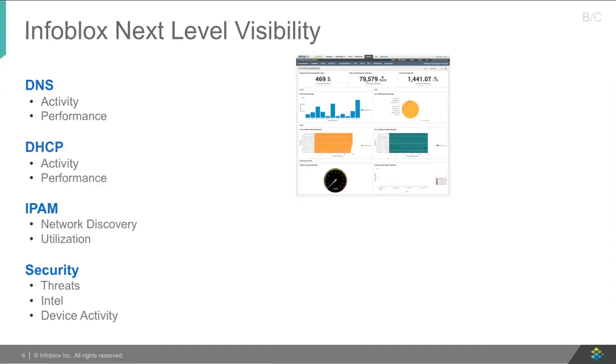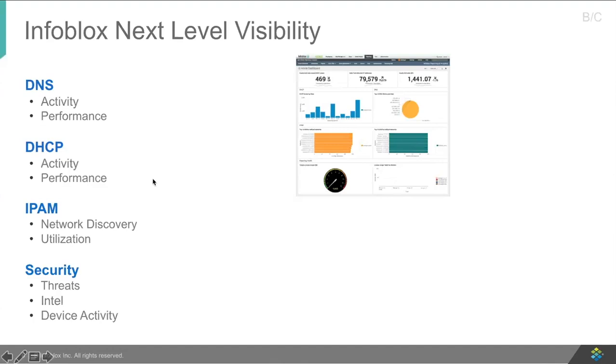The horizontal bar charts give you statistical data with regard to IP address utilization per network, which is critical data for network engineers as they're planning, maybe deploying new application servers, or when people are requesting IP addresses from them. We provide reports on DNS activity and performance.